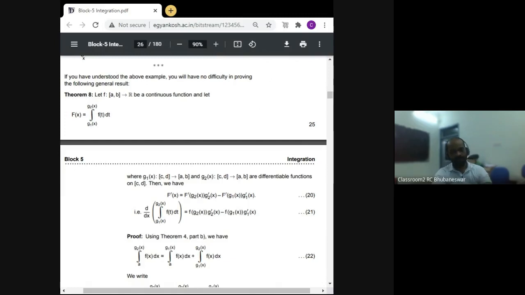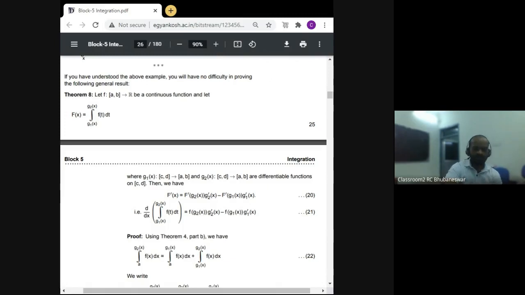Here the lower limit is a function small g1, and the upper limit is another function, small g2. Whenever we have to find the integration where the limits are also functions of x, the answer will be like this.